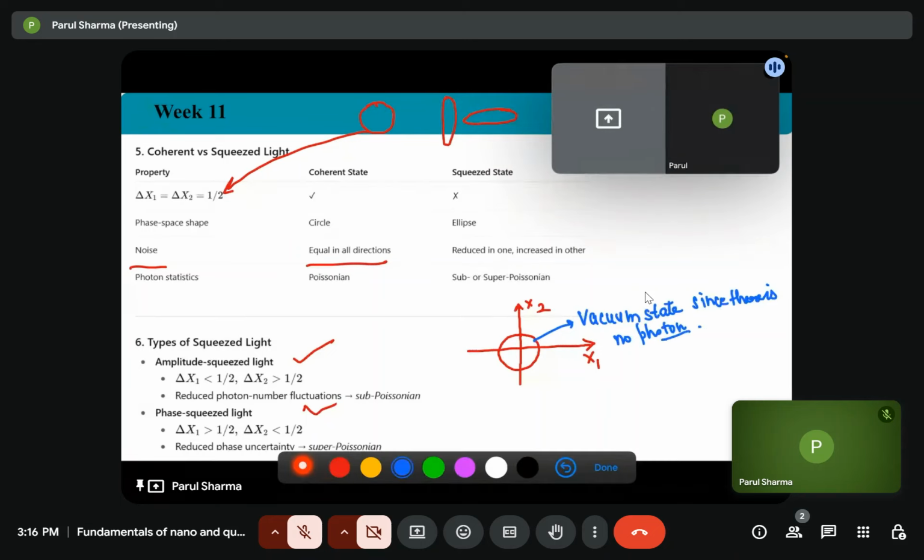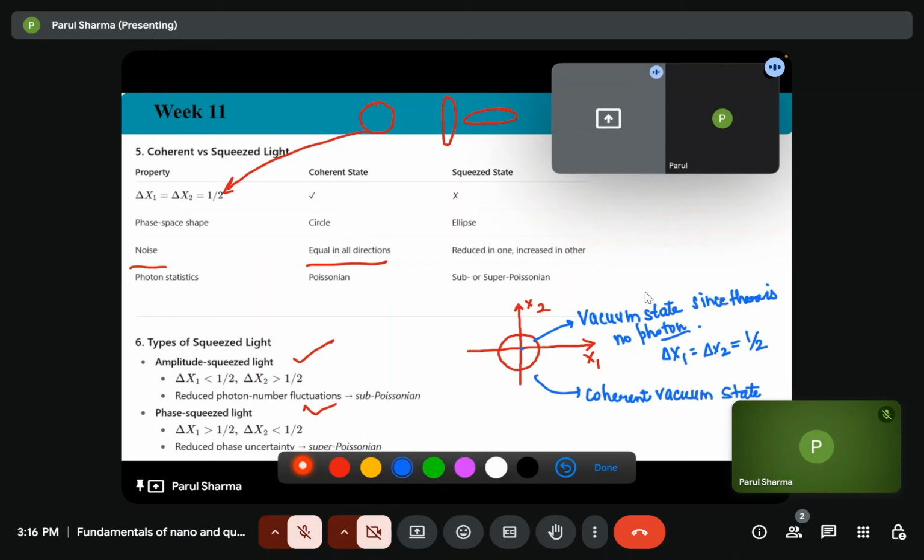Since the circle is at the center, and delta x1 is equal to delta x2 is equal to 1 by 2, the product is with minimum uncertainty. We can call it a coherent vacuum state.